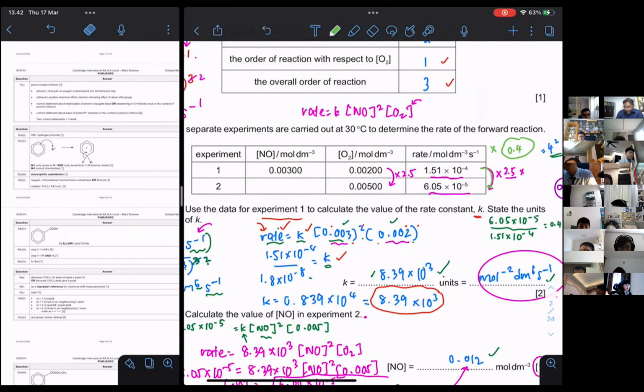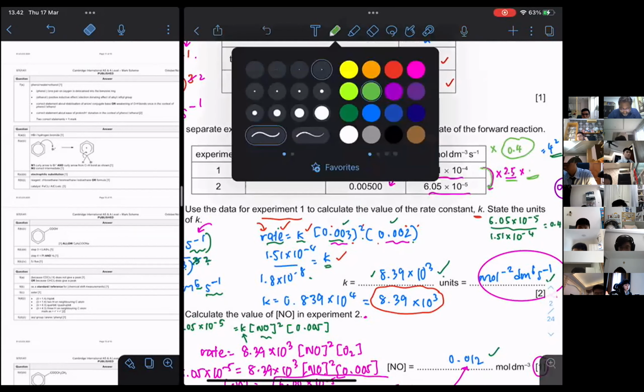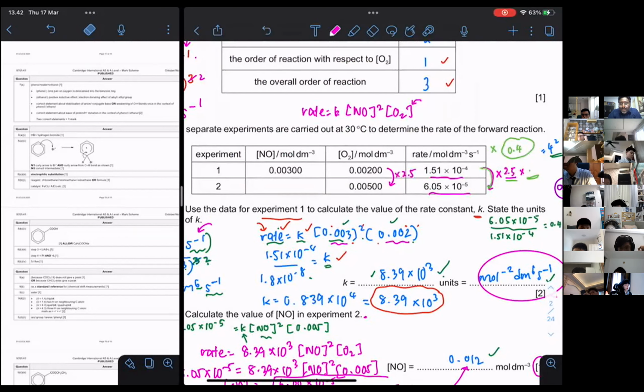Now, part of it is 2.5. What is X? 2.5 times what to get 0.4? 0.4 divided by 2.5. What is that? 0.16. Thank you, Owen. Thank you, Michelle. So you see 0.16.